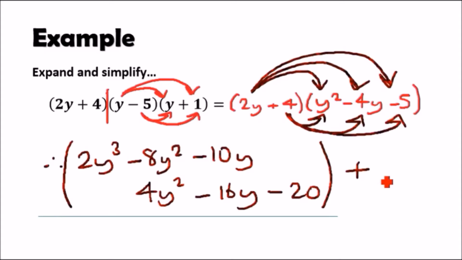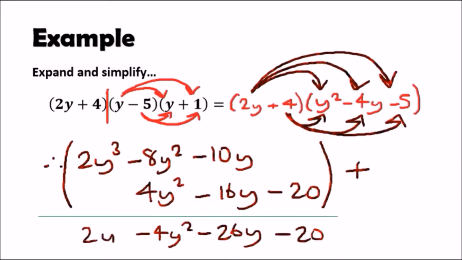So nothing plus minus 20 is minus 20, minus 10y minus 16y is minus 26y, minus 8y squared plus 4y squared will give us minus 4y squared, and lastly 2y cubed plus nothing is 2y cubed. And that's it, guys. This is literally how you expand it using the FOIL plus the neat column method.